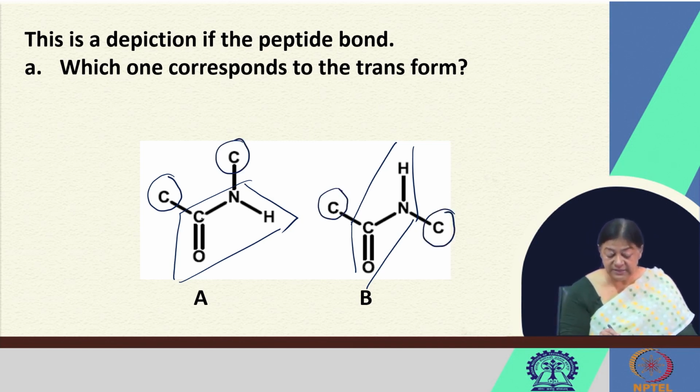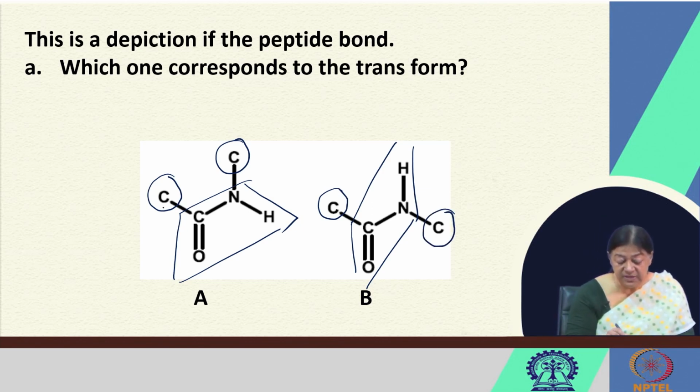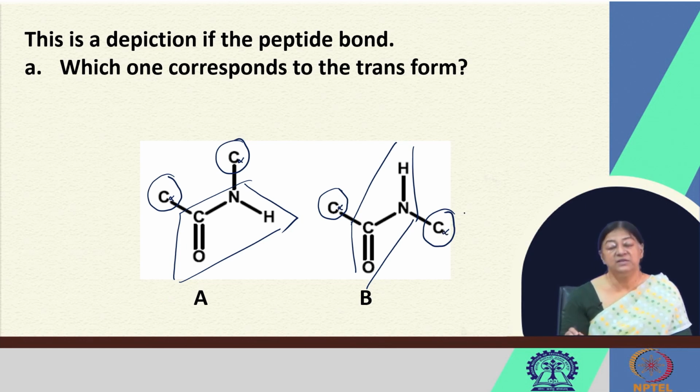We realize that this is the previous amino acid linking up with the next amino acid. So, this is our C alpha atom, this is our C alpha atom. Again, this is our C alpha atom, this is our C alpha atom, both of these connected through peptide bonds. For this particular one, we see that they are on opposite sides of the peptide bond. Here, they are on the same side of the peptide bond. So, we know that this is the cis and this is the trans.